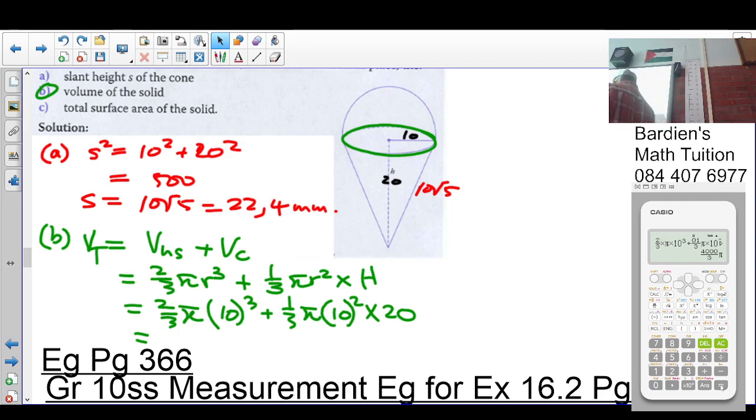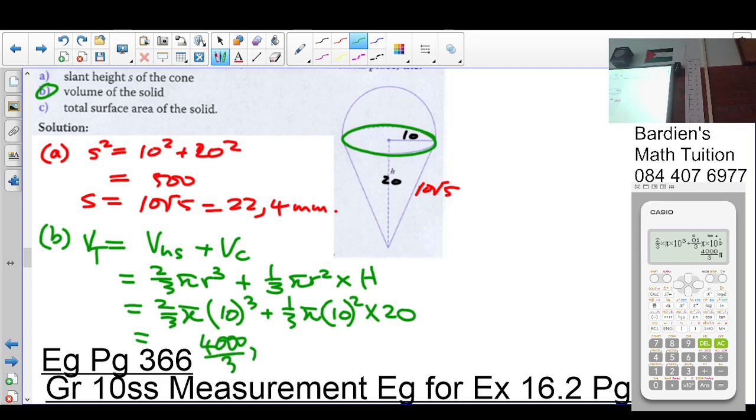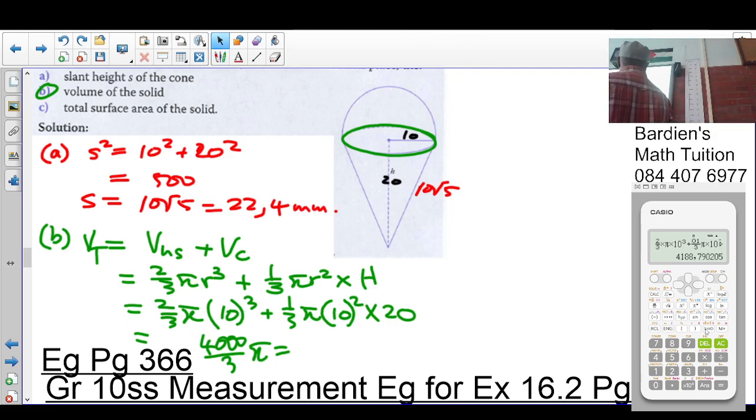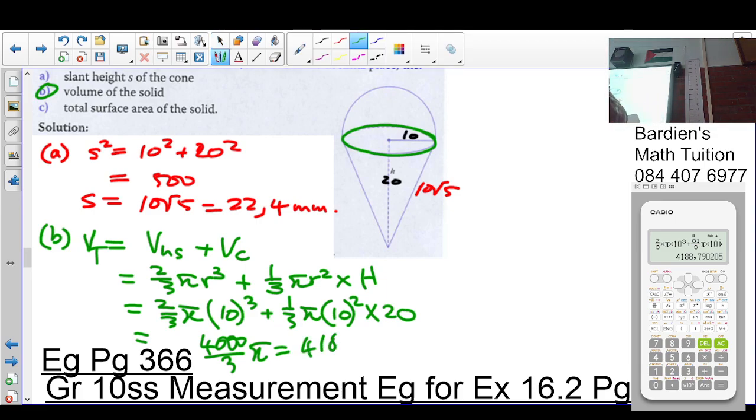That is 4,000 over 3 pi, which is also equal to 4188.8 cubic millimeters.